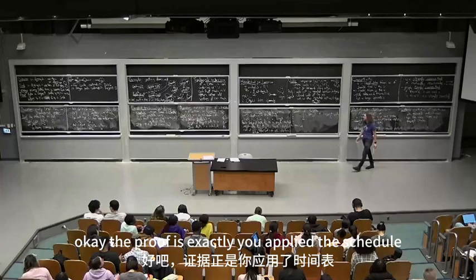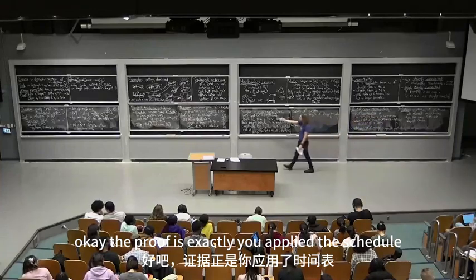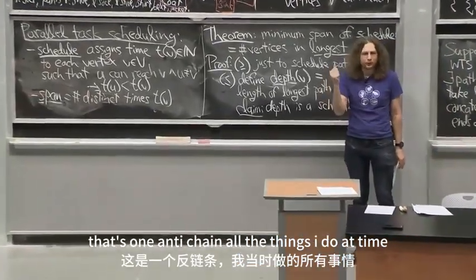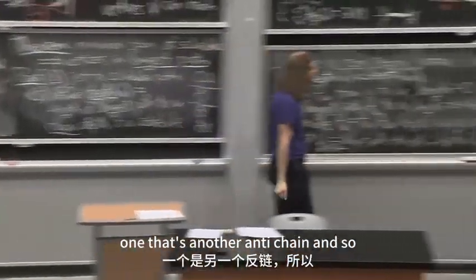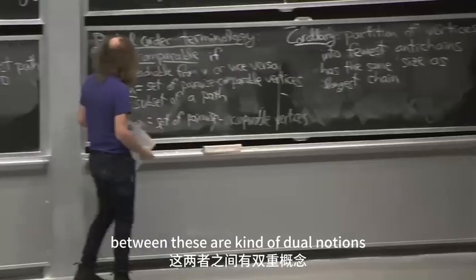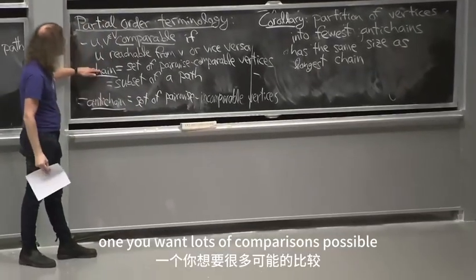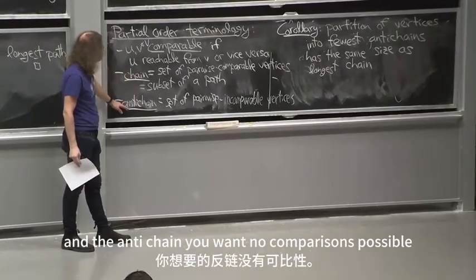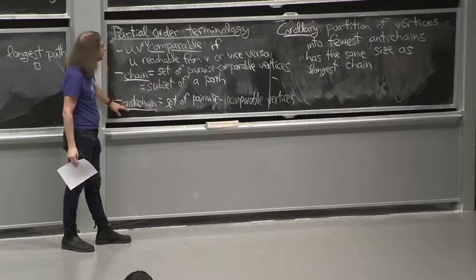Okay, the proof is exactly, you apply the schedule, and then your antichains are all the things I do at time 0, that's one antichain. All the things I do at time 1, that's another antichain. And so this is kind of a neat connection, these are kind of dual notions. One, you want lots of comparisons possible. And the antichain, you want no comparisons possible.